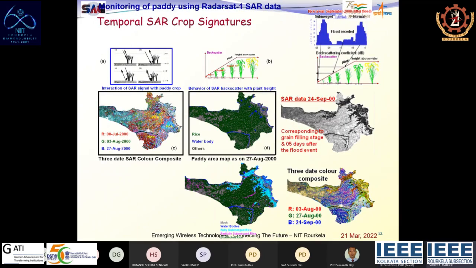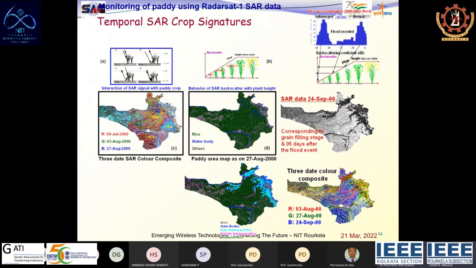And if you take a typical paddy crop, it has water as a layer beneath the paddy, and you are able to get the signal back from the target. The signal gets reflected due to the water surface down below, and then there is the obstacle of the paddy, so you get basically a double bounce kind of signal.